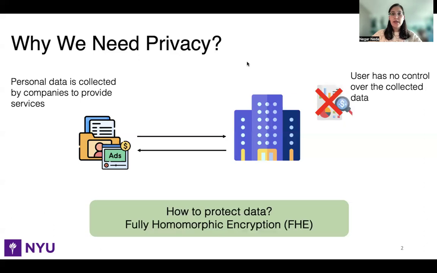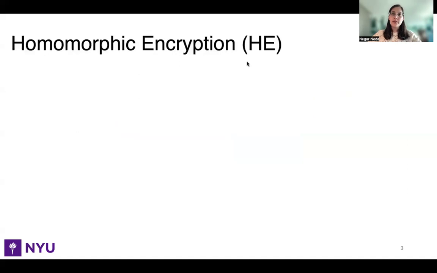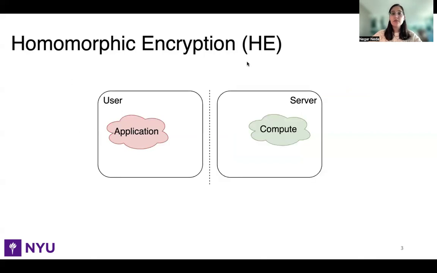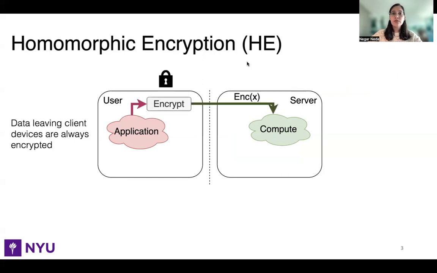A solution for that is to use fully homomorphic encryption. But let's see how homomorphic encryption solves this problem. As we mentioned, we have a user that has an application, and then there's a server that does some computation. Here, the user encrypts the information and sends it over to the server, and by using homomorphic encryption, the server is able to do computation on encrypted data without the need to decrypt it.